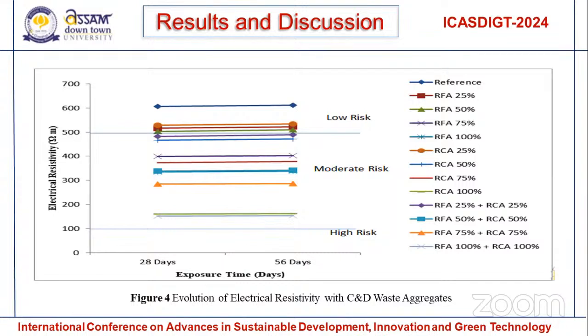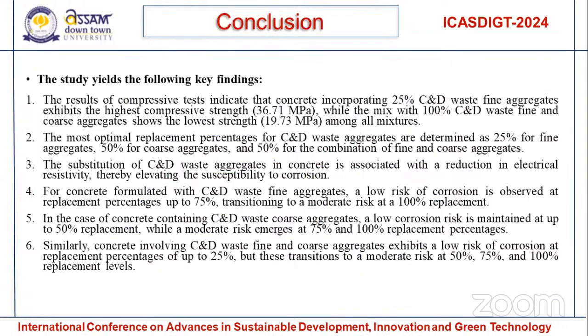The first one is RFA 25%, then RCA 25%, then RFA 25 plus RCA 25%. These are the mixtures which come under the low risk category. They can be recommended for any construction phase.